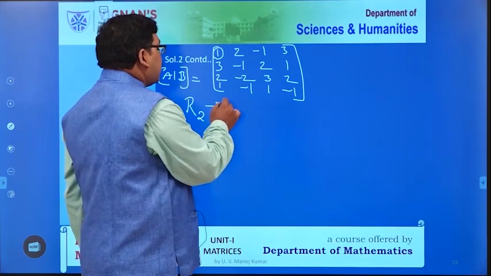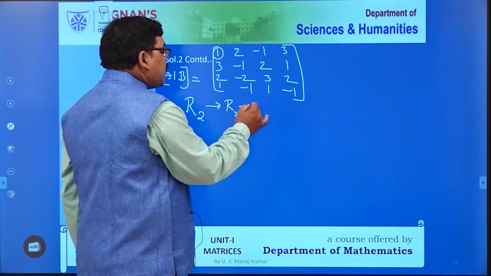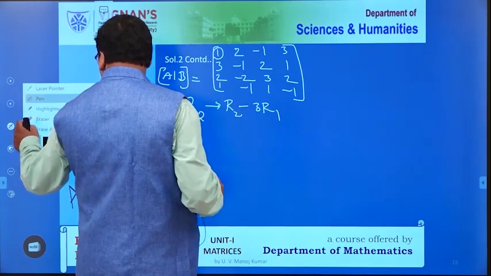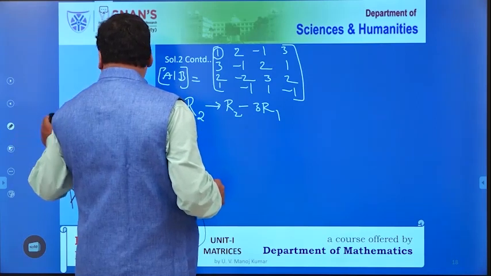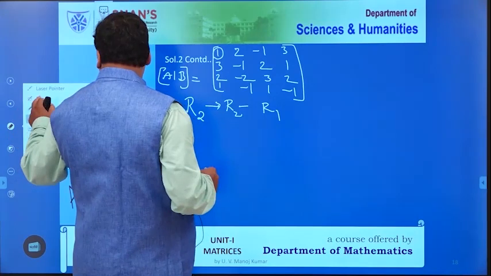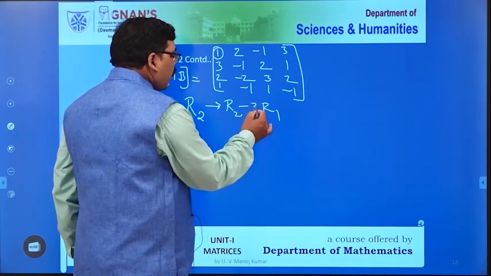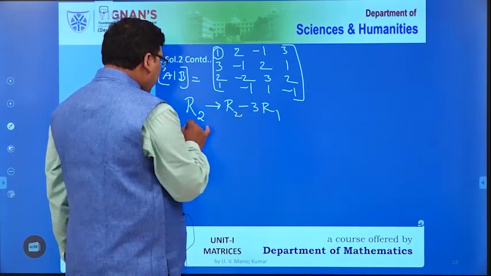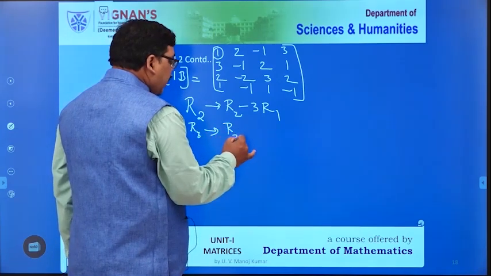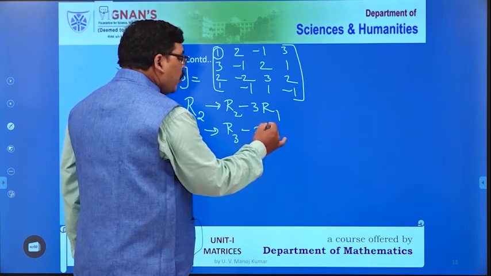R2 implies R2 minus 3R1. R3 implies R3 minus 2R1.